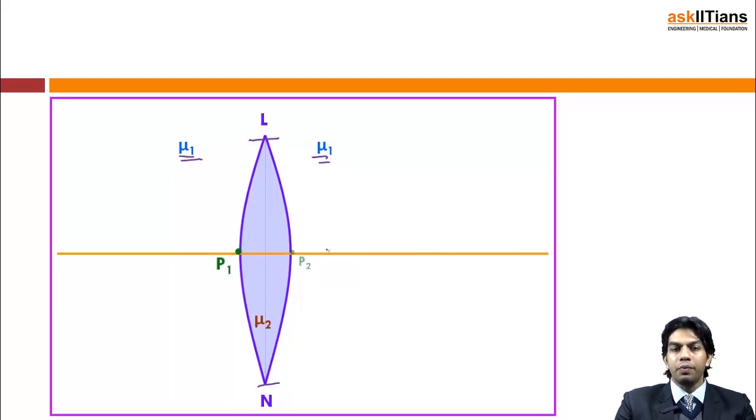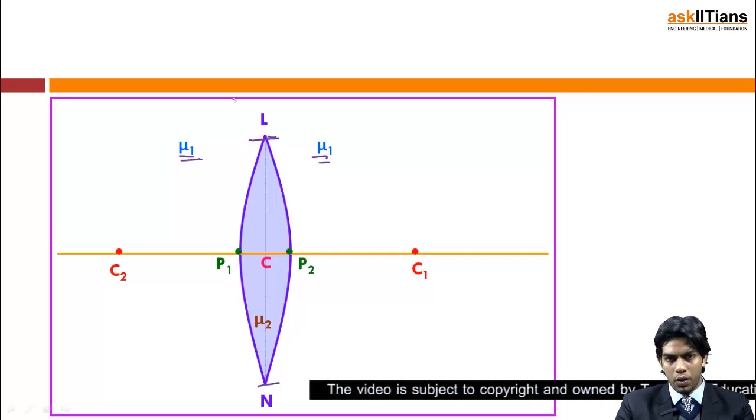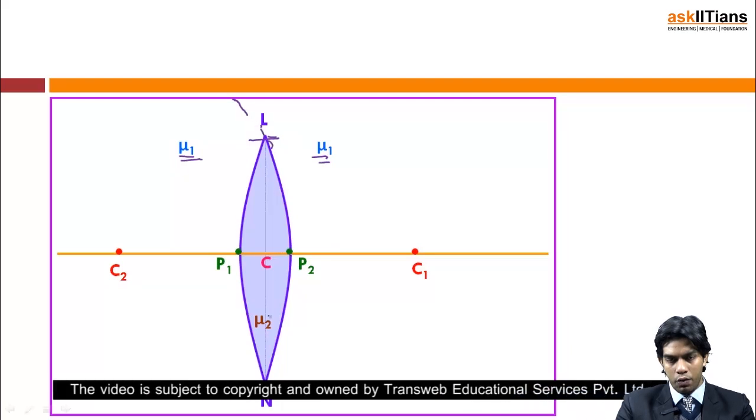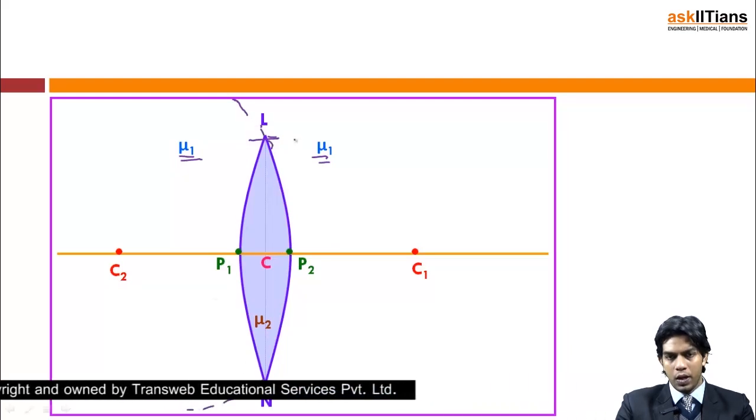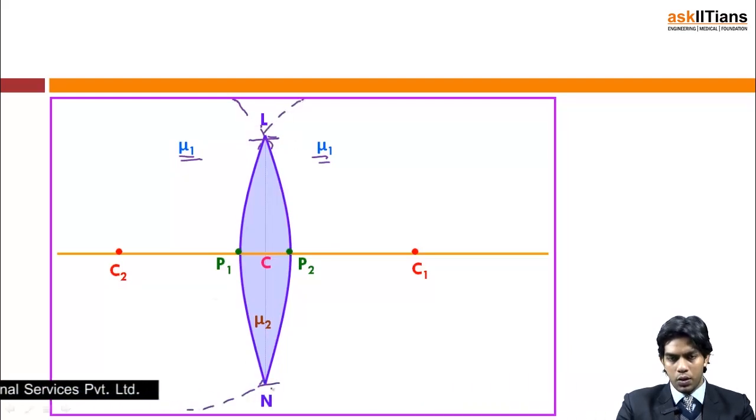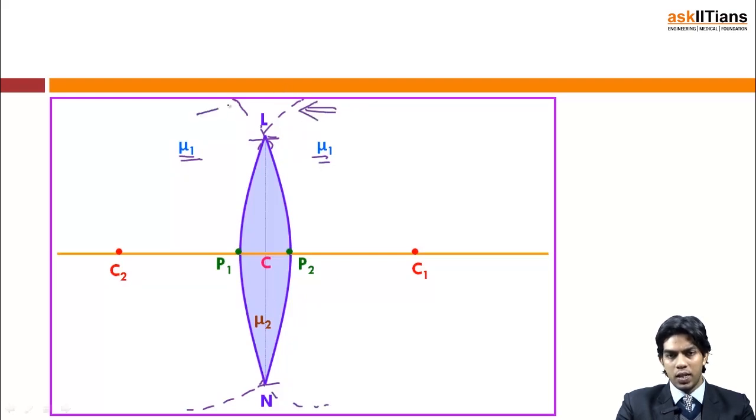Principal axis, P1 and P2 being the poles of the two surfaces, C the center of the lens, C1 and C2 being the centers of curvature for the two surfaces. C1 will correspond to the center of curvature of this sphere, C2 will correspond to this. Sorry, it's the other way around: C1 will correspond to this and C2 will correspond to this.